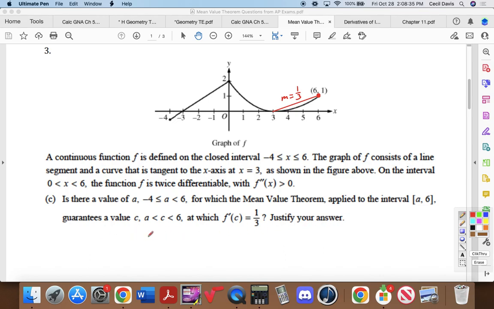So we have to justify our answer. So first we have to say, on the closed interval from 3 to 6, f is continuous, and on the open interval from 3 to 6, f is differentiable.